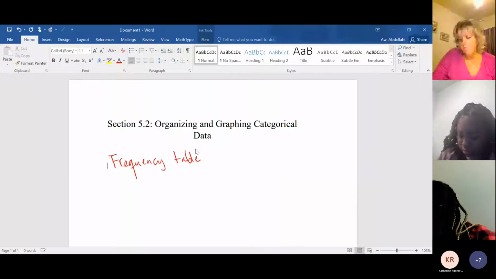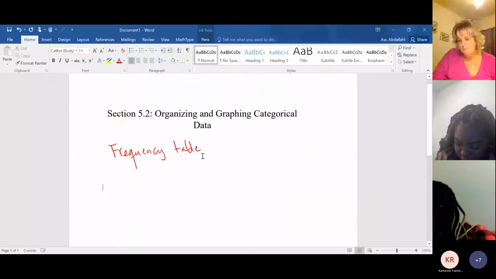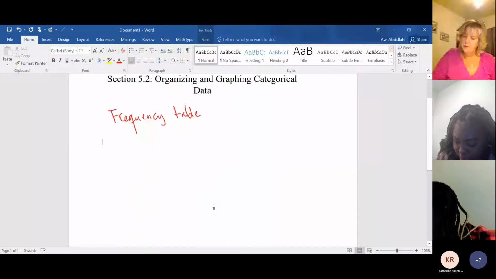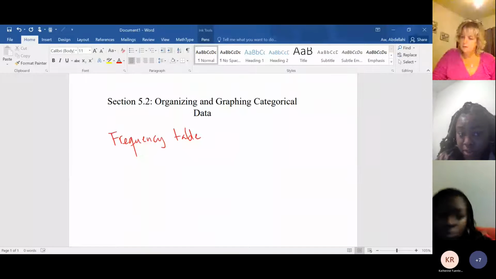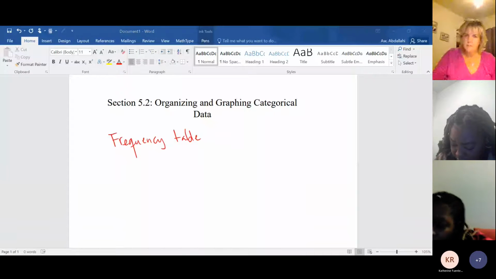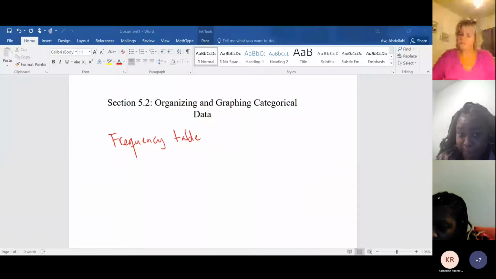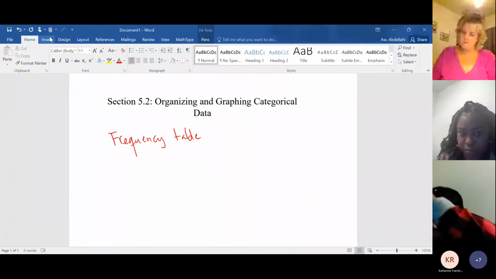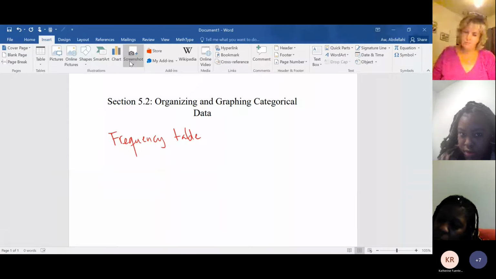As the name indicates, frequency is how many times a data value occurs, how many occurrences of it. That is a frequency table. As simple as that. This right here is my data.